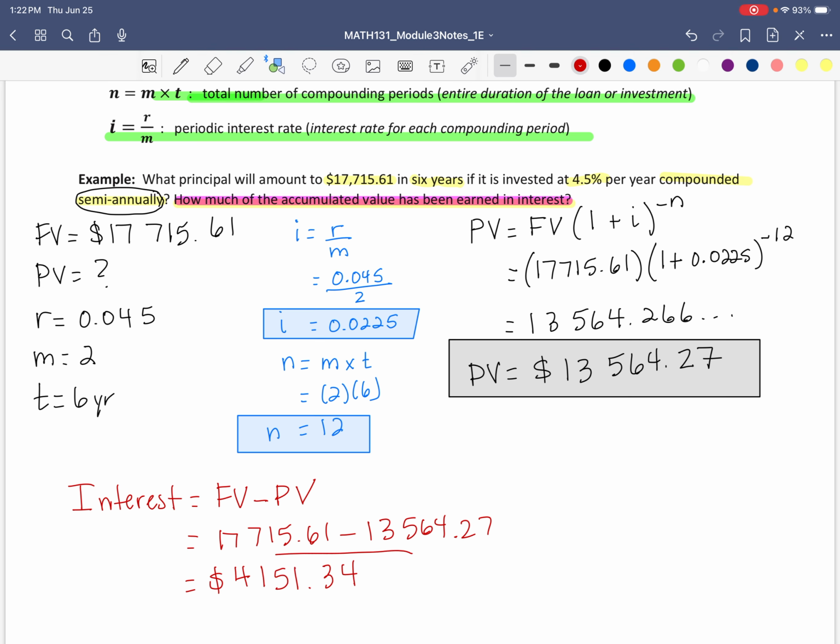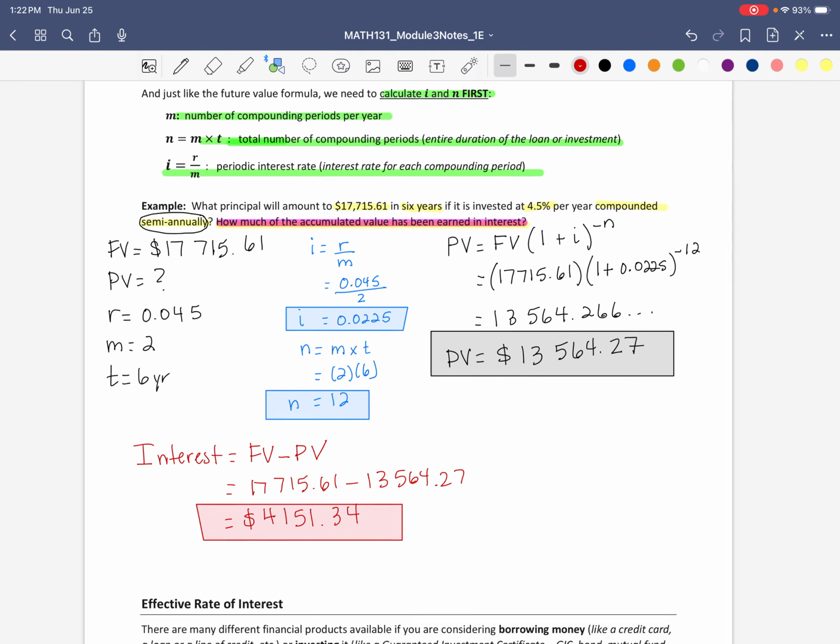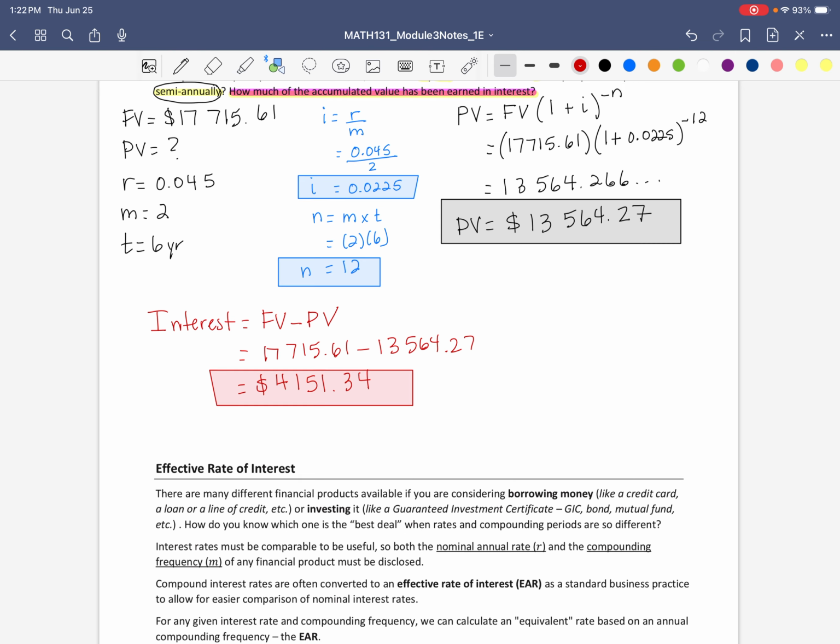Essentially, if this person did this investment, they earned $4,151.34 in interest. So not too bad over the course of 6 years.